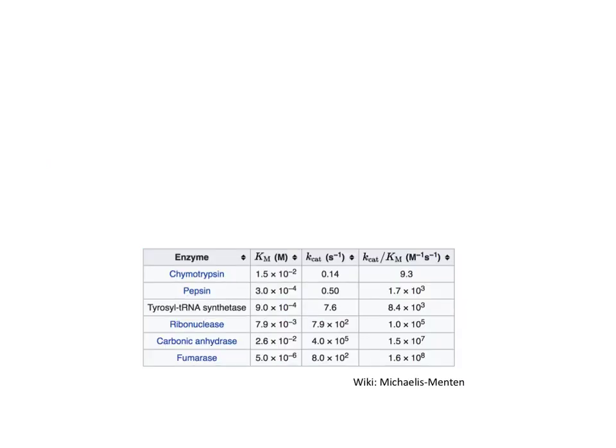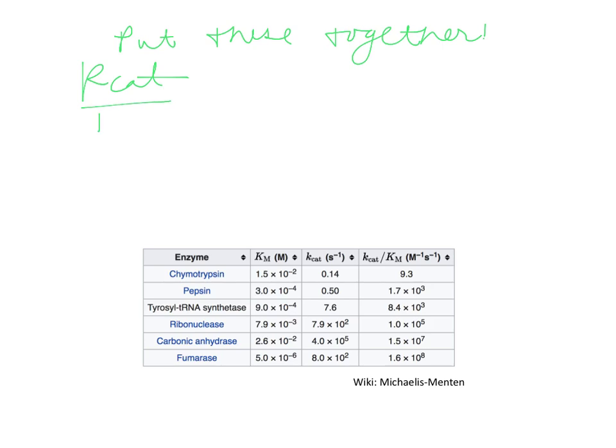All right, and then the number that biochemists really want is to put them together. The number that biochemists really want is this value called kcat over Km. And the reason for that is this part right here is selectivity or specificity, and this part right here is efficiency.